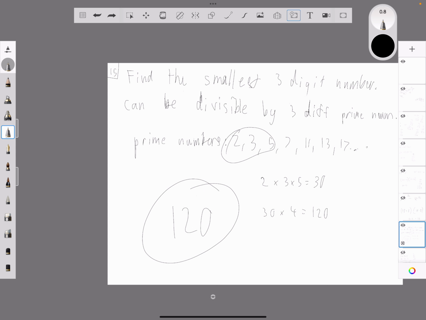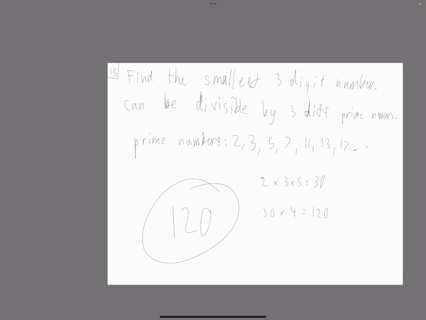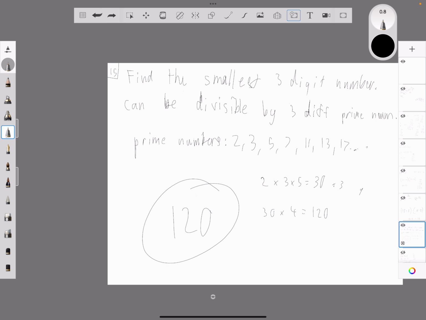But we need 3-digit because this is 30. So if we make it 3-digit times 3, if this times 3, it's gonna be 90. So we're gonna times 4 and we got 120. And that's the answer. Okay, so that's the formula for that thing.